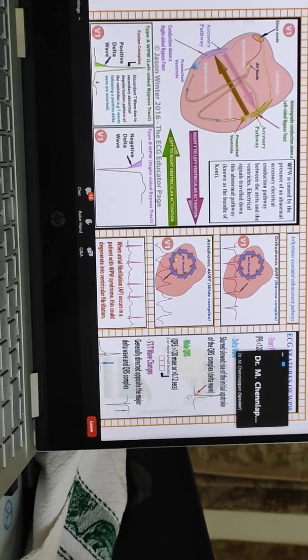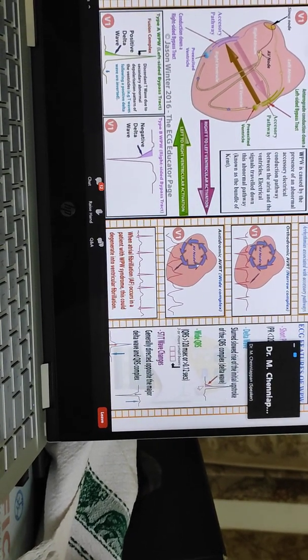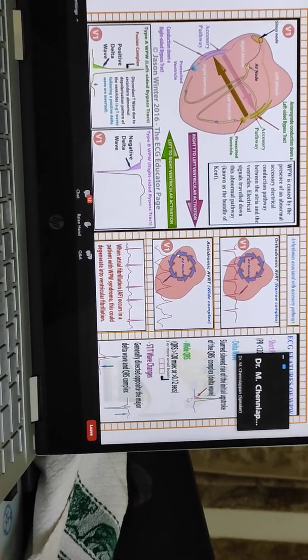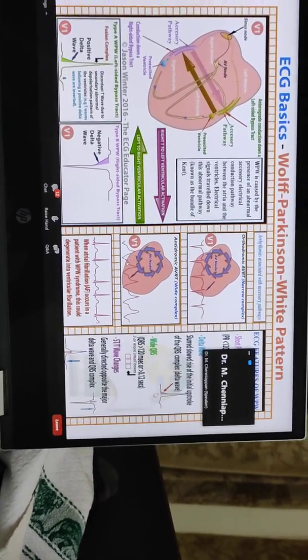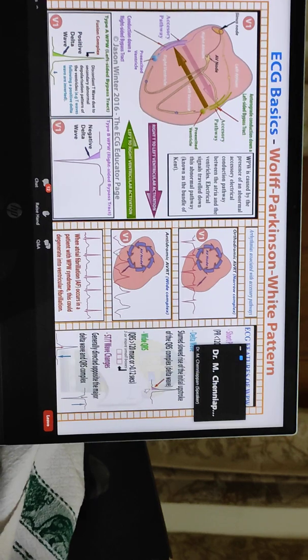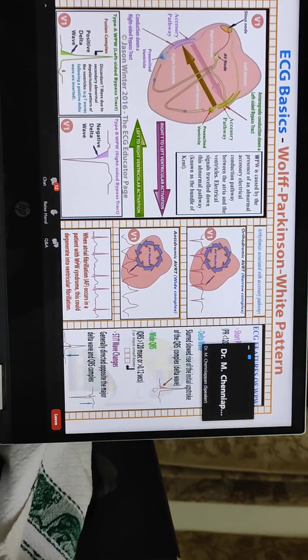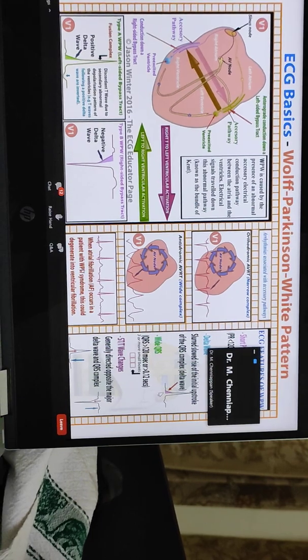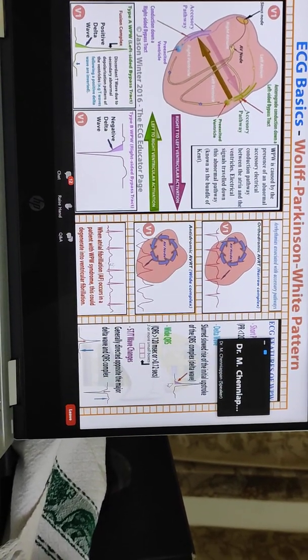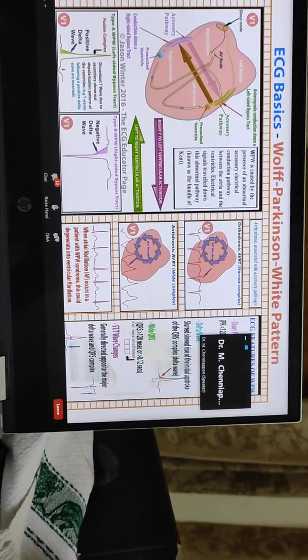Because of the lack of the protective blocking effect of the AV node in the accessory bundle, this will result in either a very fast wide QRS complex regular tachycardia or a very fast wide QRS irregular tachycardia. Most dangerous is atrial fibrillation with WPW syndrome, which is a very important factor producing sudden death.